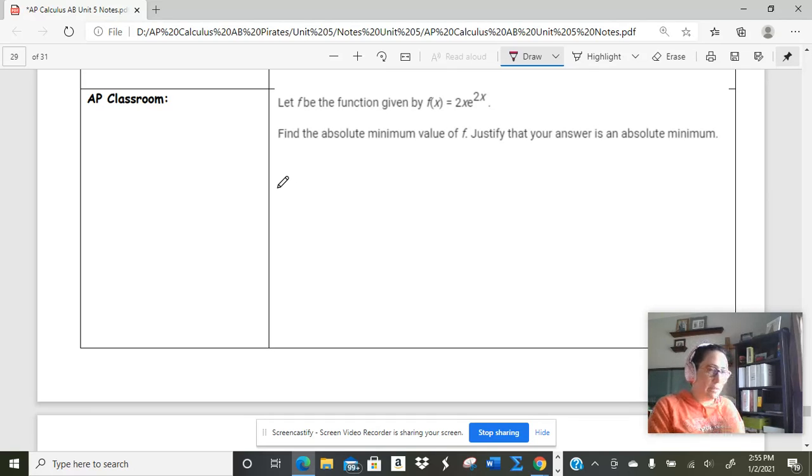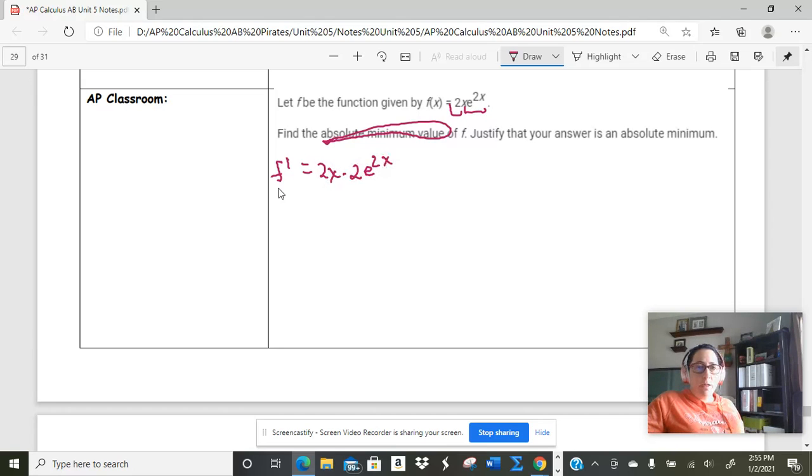This one's not too bad. It's got some e's just to review. Just wants the absolute minimum value. So I'm going to take my first derivative, and I want to make sure you can do that. Do you see the product rule? First times the derivative of the second plus the second times the derivative of the first.